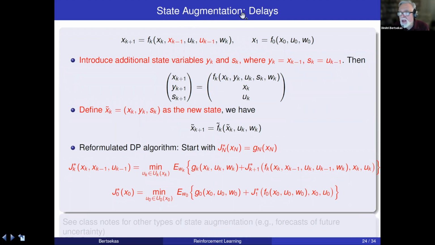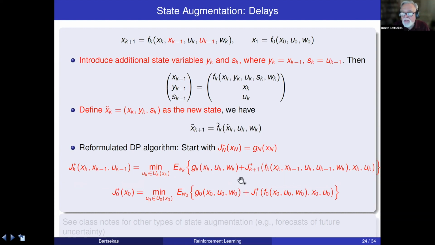However, state augmentation can increase the amount of computation that you have to do in the dynamic programming algorithm, and it can also complicate approximate dynamic programming techniques and reinforcement learning techniques. Sometimes reinforcement learning is very useful in simplifying the consequences, simplifying this dynamic programming algorithm so that you keep the size of the state space relatively small.